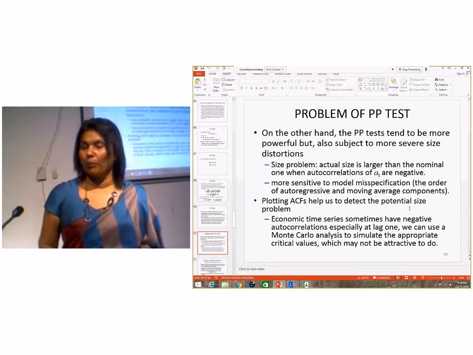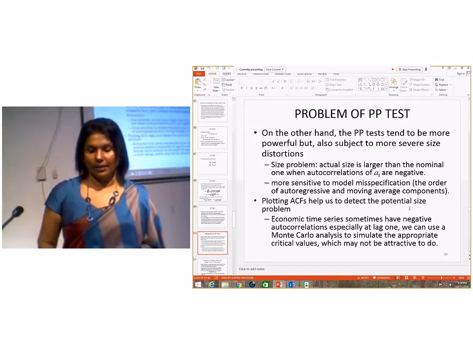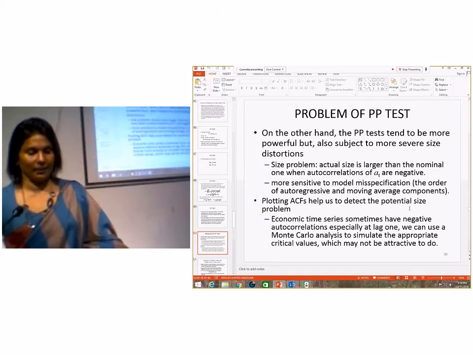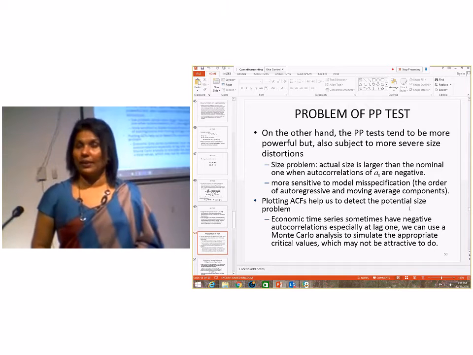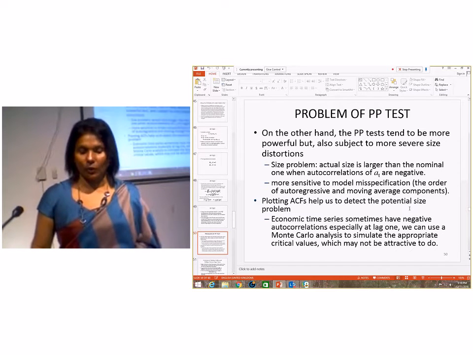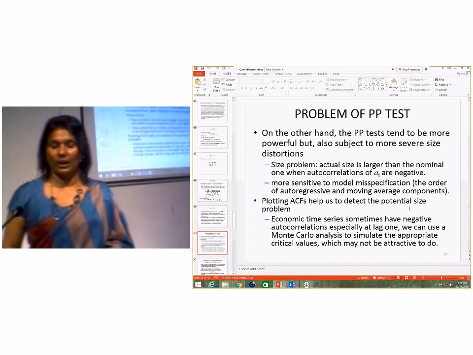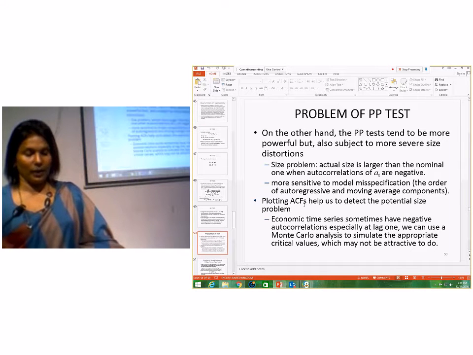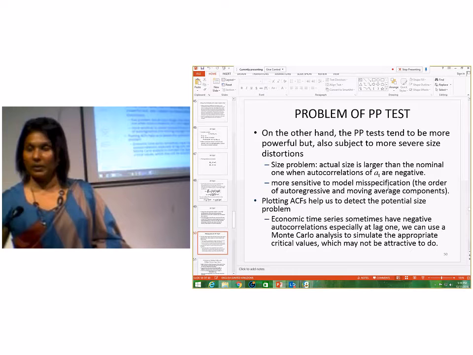PP tests tend to be more powerful, but are subject to more severe size distortions. The actual size is larger than the nominal size when the autocorrelation of the errors is negative. They are also more sensitive to model specification.